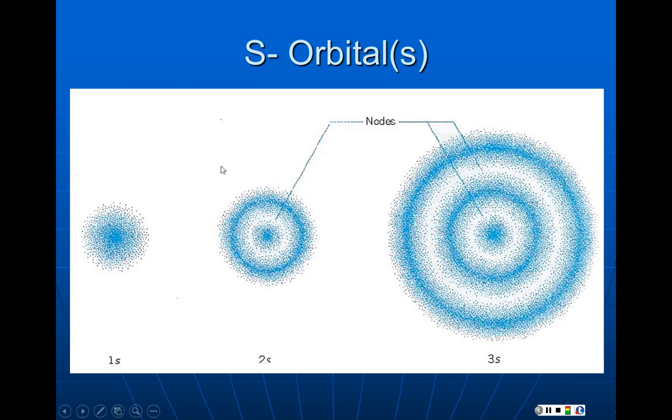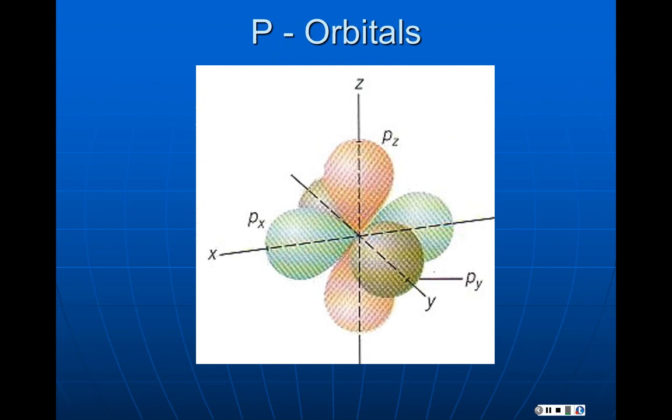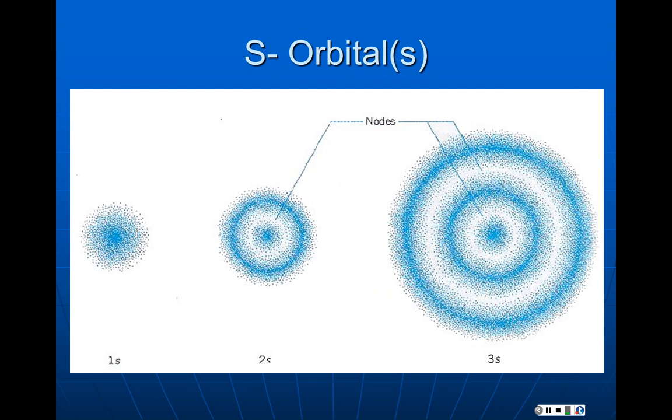So the first of these is the s orbital, and it's a spherical distribution. You have to know these shapes. I think it's hard to see how complicated electron probability distributions are. P orbitals, and there are 3 p orbitals. If you look, there's a single s orbital, and the first number here reflects the energy level, and the s tells you the type. So in the first energy shell, there's 1 s orbital.